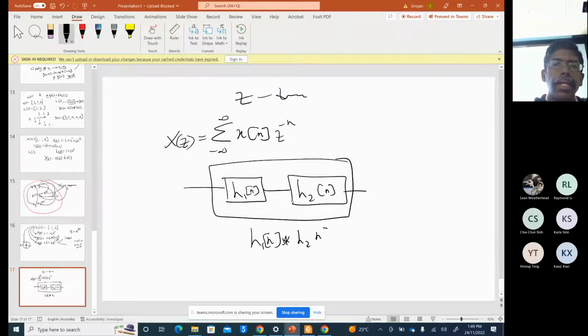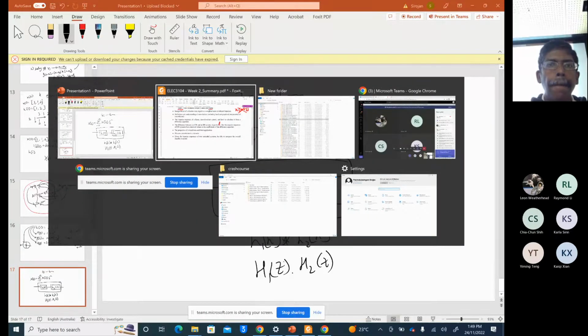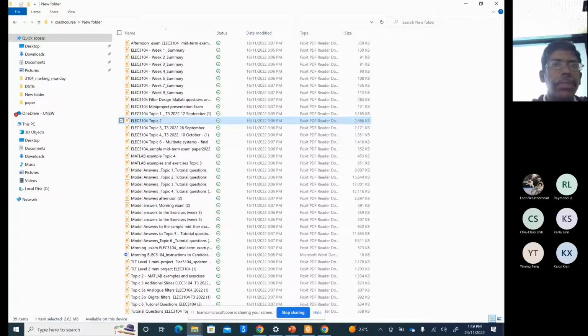And in the Z domain, it's H1(z) multiplied by H2(z). So that is the multiplication in the frequency domain.